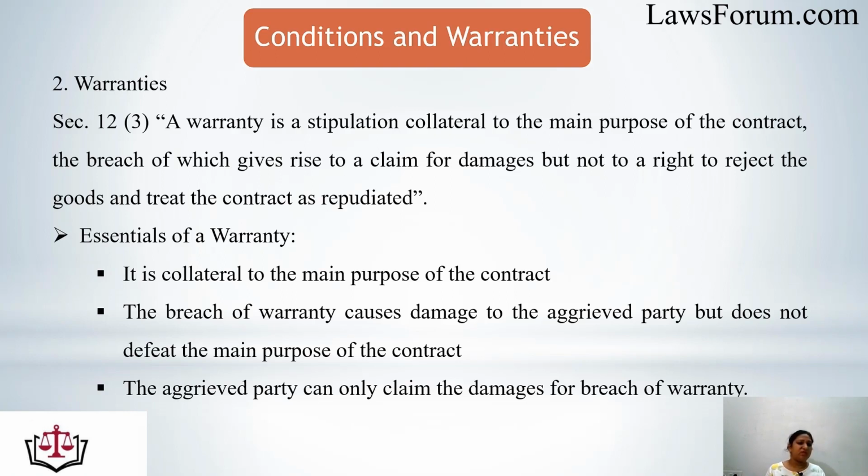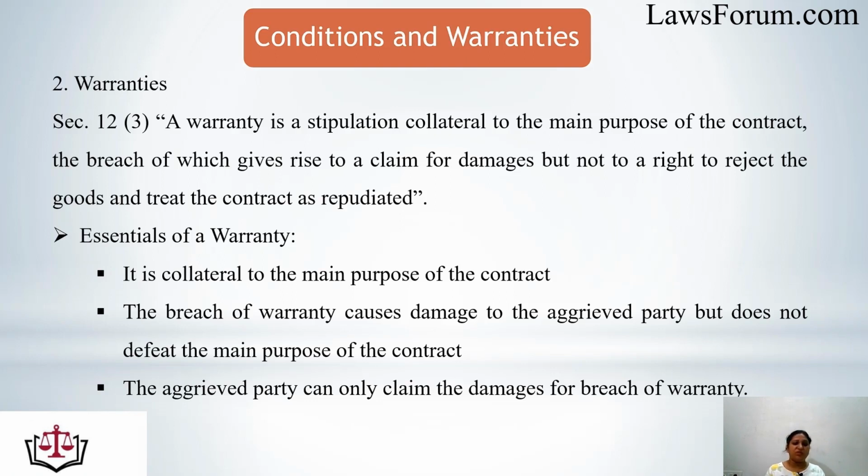That means in case of breach of condition, a person can repudiate the contract, but in case of breach of warranty, a person can claim only damages, and the other party does not have a right to reject the contract.